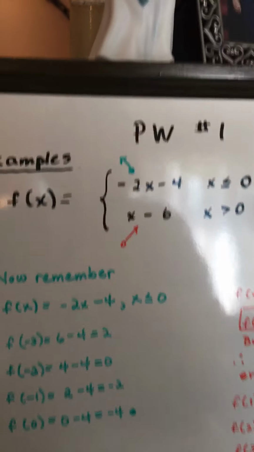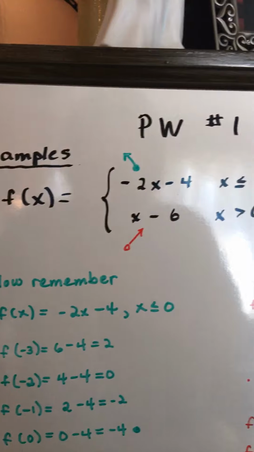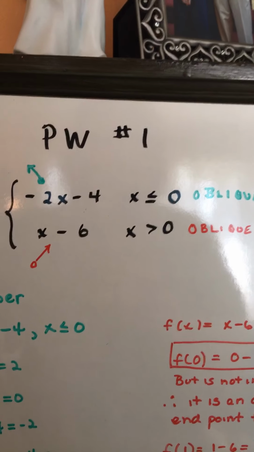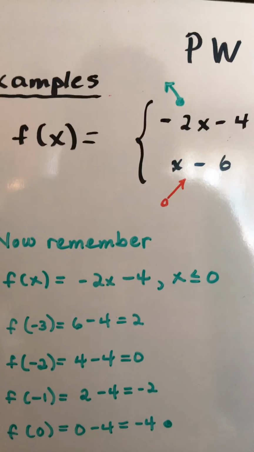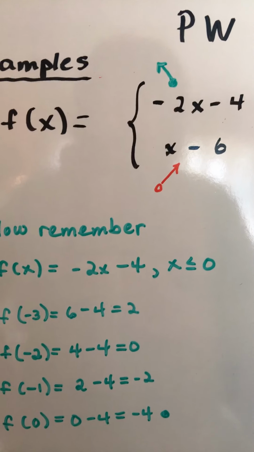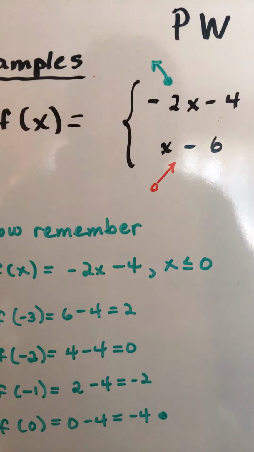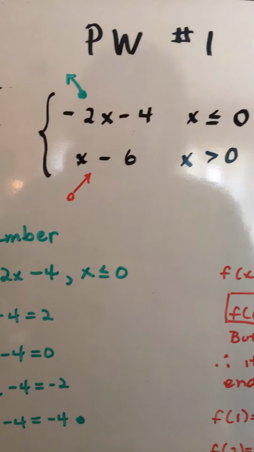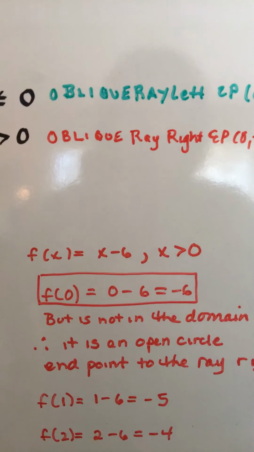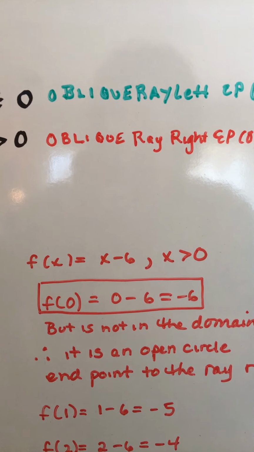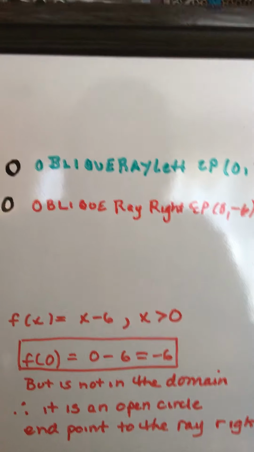Now, you've watched the first video. So you see that when I see this first function, it really means just the left side of the oblique line, negative 2x minus 4. And the bottom part really just means the right side of the function, f of x equals x minus 6.